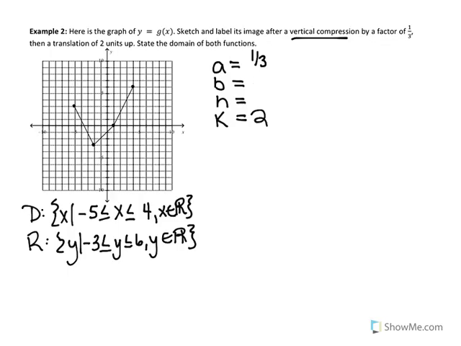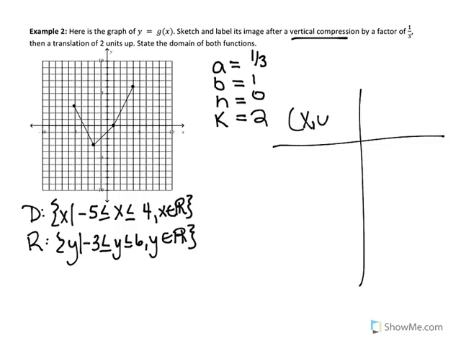So no horizontal compression or stretch, and no horizontal translation. So we're going to go (x, y), and then we're going to go x, because x isn't changing, and then our y is going to be y divided by 3, so y over 3 plus 2.